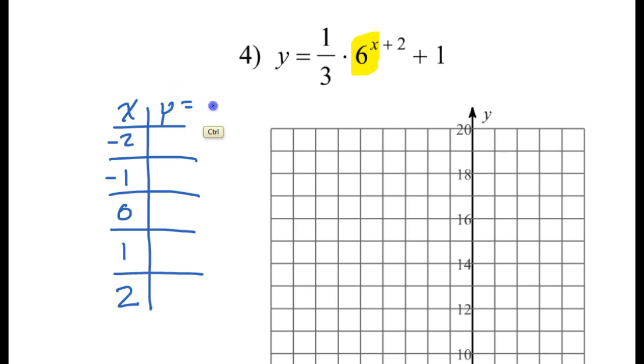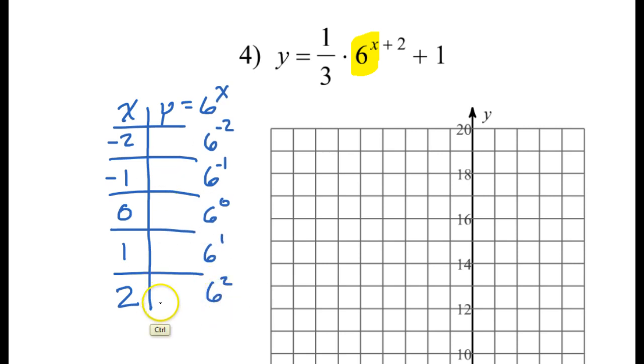For the y values, we will be doing 6 to the x power. So that will be 6 to the -2 power, 6 to the -1 power, 6 to the 0 power, 6 to the 1 power, and 6 squared.